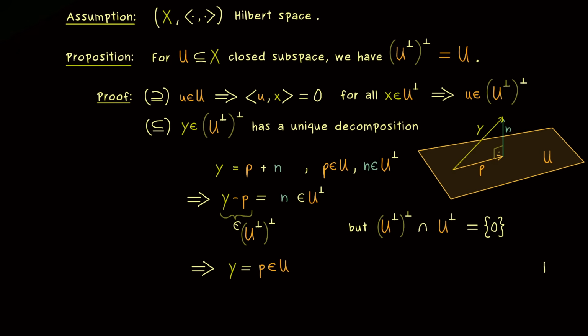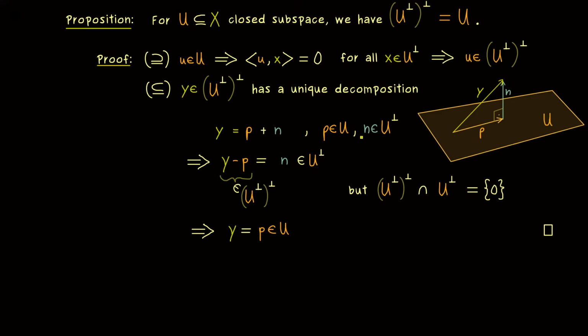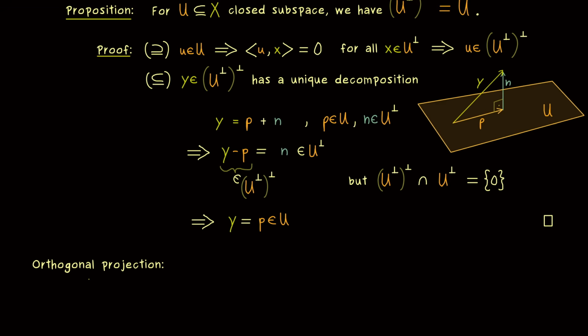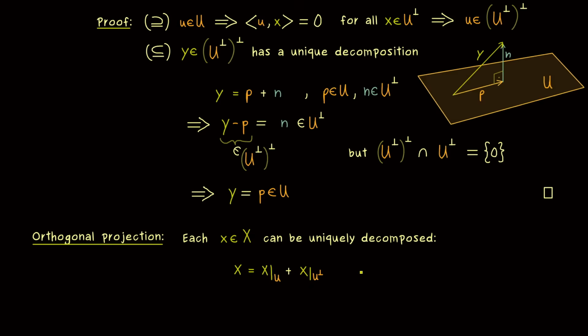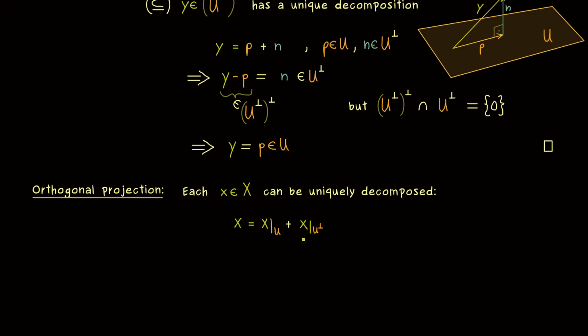And indeed this result here is quite helpful when we want to calculate with orthogonal complements in a Hilbert space. For example, it immediately allows us to see this vector n as the orthogonal projection of y onto our orthogonal complement. So maybe let's immediately write this down as a general result. So each vector x from our Hilbert space can be uniquely decomposed into 2 orthogonal projections.